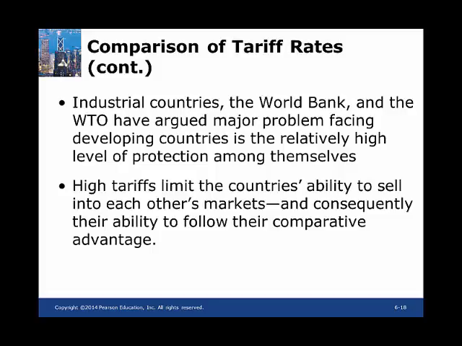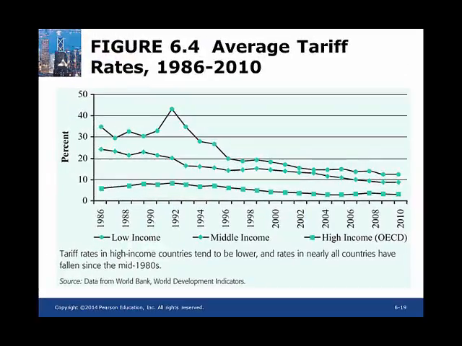Comparison of tariff rates continued. Industrial countries, the World Bank, and the WTO have argued the major problem facing developing countries is the relatively high level of protection among themselves. High tariffs limit the countries' ability to sell into each other's markets and consequently their ability to follow their comparative advantage.